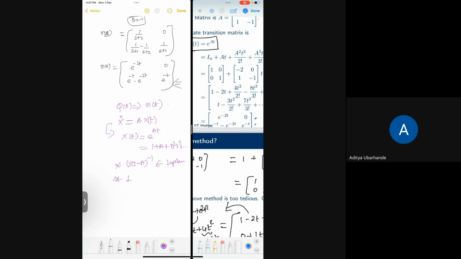If you need, you do partial fraction to find it without a cascade operation. Then you will convert from S domain to time domain by using the inverse Laplace transform. This will save us much time when compared to the above technique. This is technique 1 and this is technique 2. We will go with technique 2. Okay.